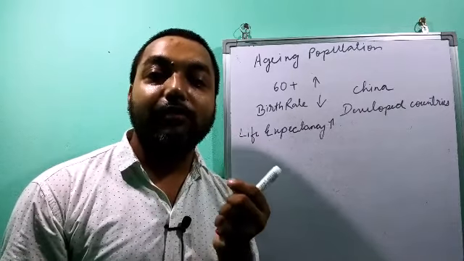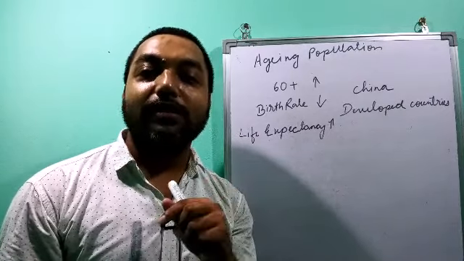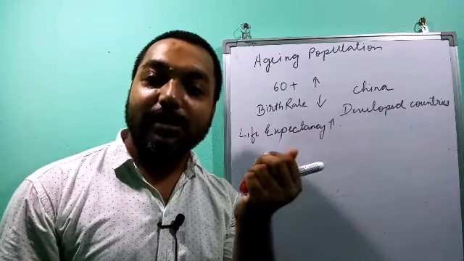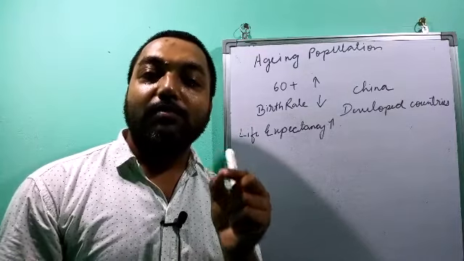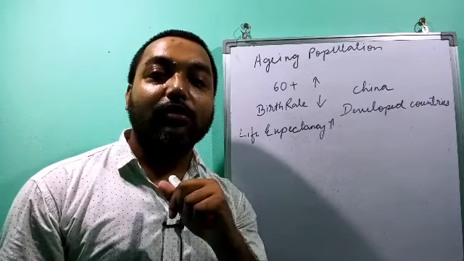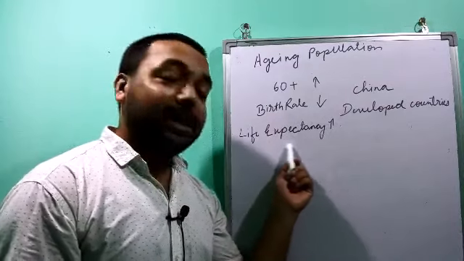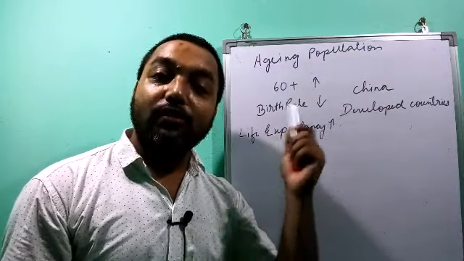That means the baby will not die early because all the conditions are good. If in an underdeveloped country these things are bad, there is more possibility that the baby will not live for a very long time. So life expectancy is good in developed countries.